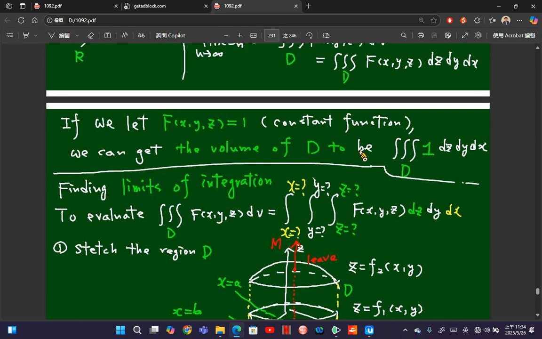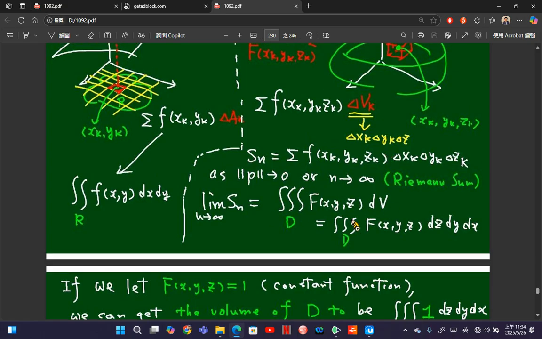If we want, the integration form will be like this: the triple integral, then the function, then dV, or normally dz, dy, then dx.